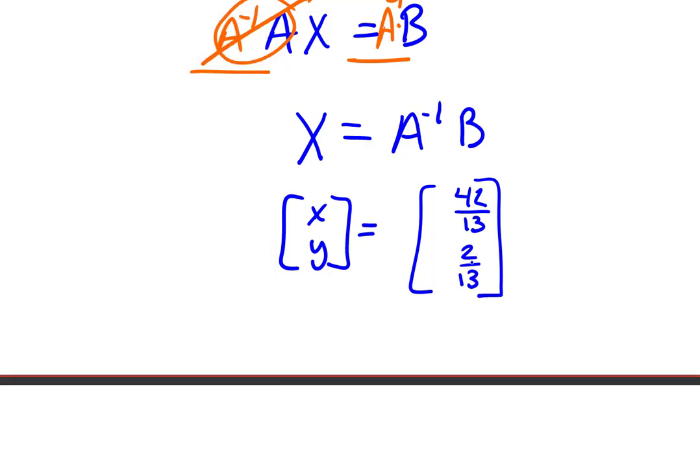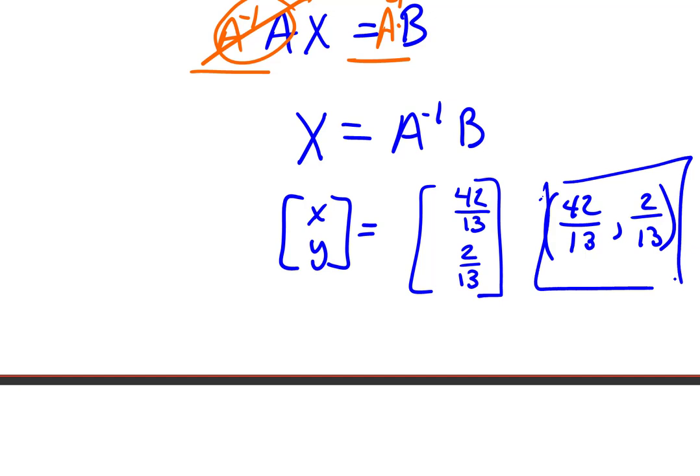In fact, that's exactly what it means. Those variables are lined up with their solutions. So we could write this as an ordered pair solution where 42/13 is the x value and then 2/13 is the y value. And of course now it's in the usual solution form of an ordered pair for a system. And so we just solved the system with a matrix equation.